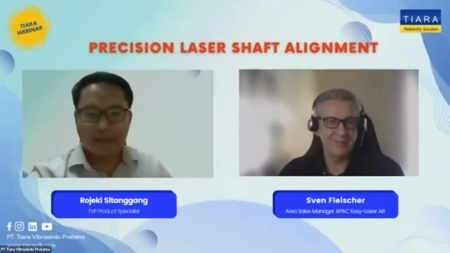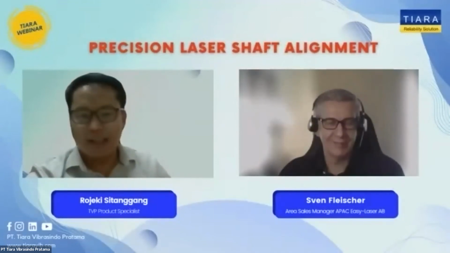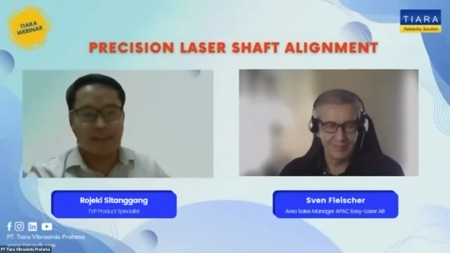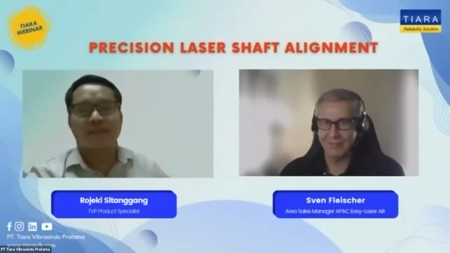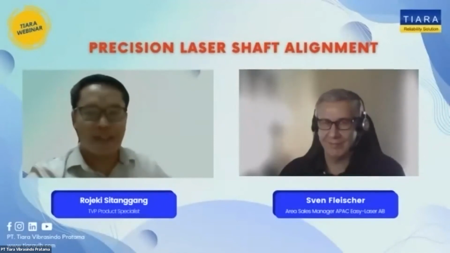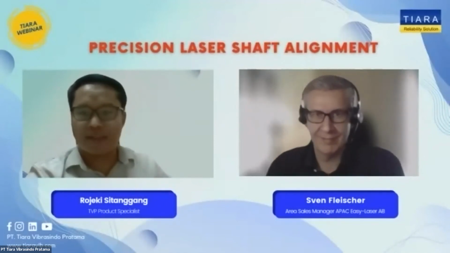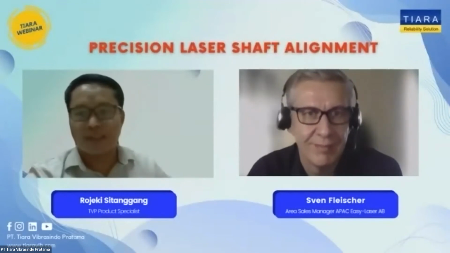Yeah, thank you, Sven. And next question about distance, about the Easy-Laser distance. We have two identical questions here. Can Easy-Laser do alignment with a long shaft or coupling of 3 meters or above 4 meters?